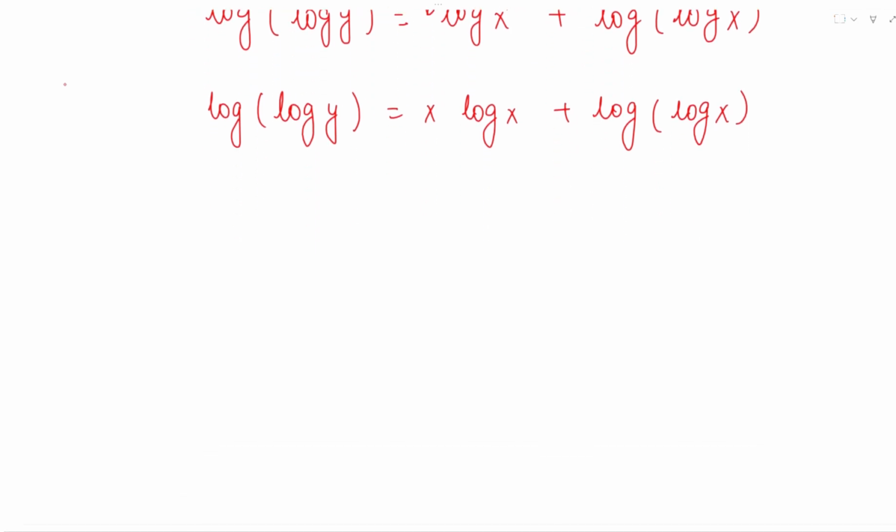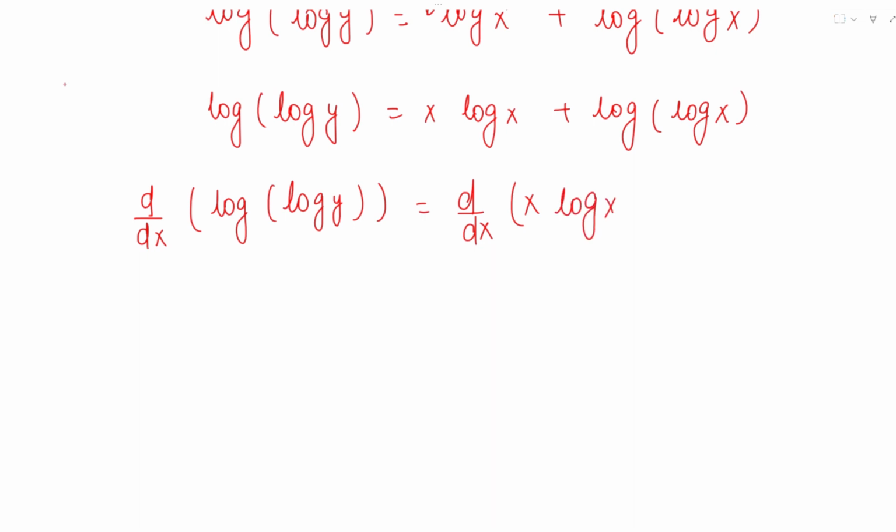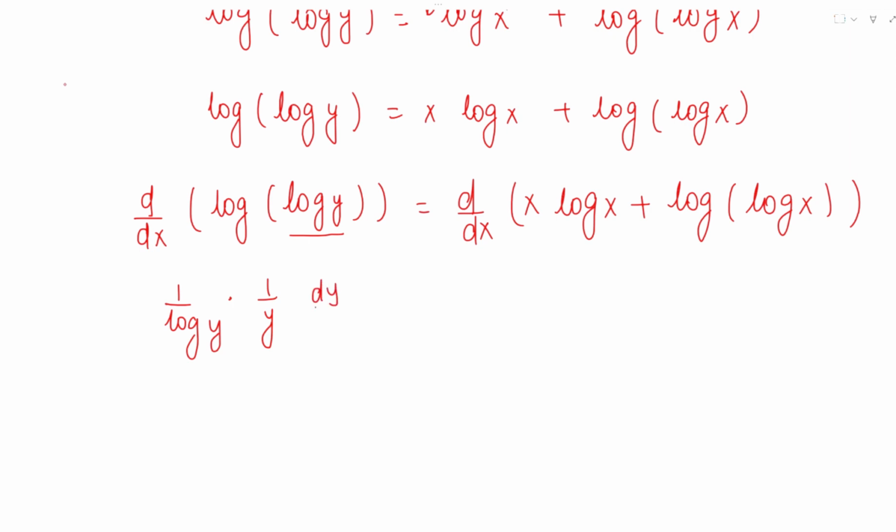Now differentiating both sides with respect to x, d by dx of log of log y equals d by dx of x log x plus log of log x. Now we know that the differentiation of log x is 1 by x. In our case x is log y, and the derivative of log y is 1 by y dy by dx.